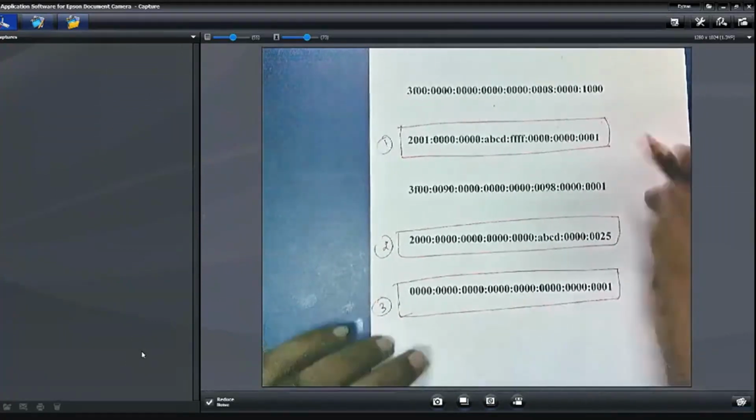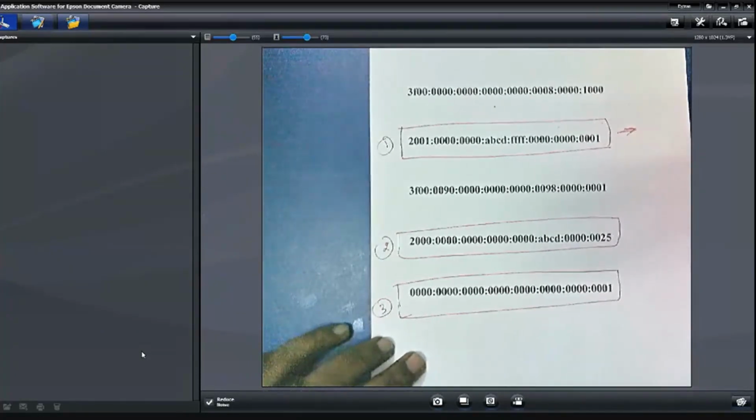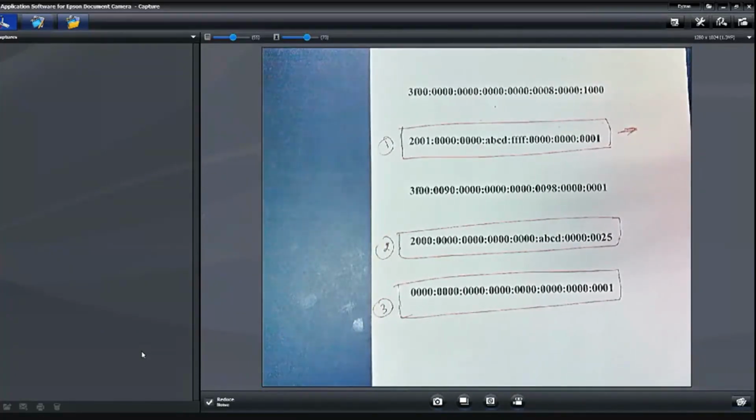Okay, first go for problem number 1. All of you please go to problem number 1, solve it, then we'll go to the second. Apply both rule number 1 and rule number 2. Come on.